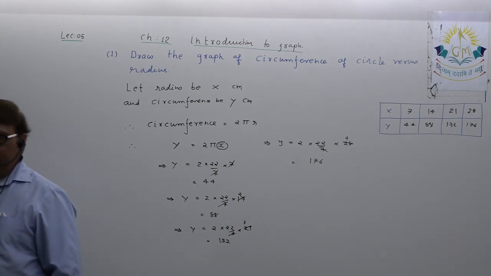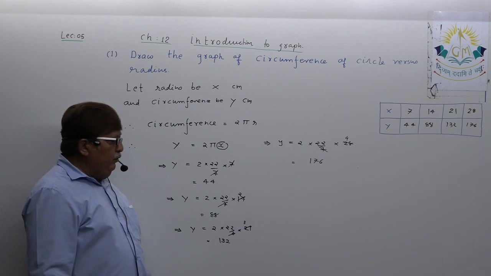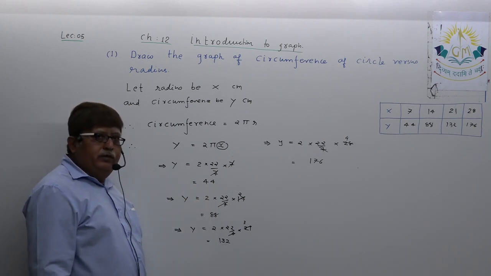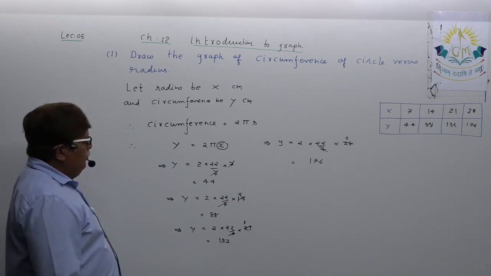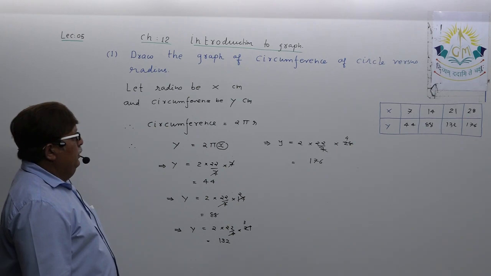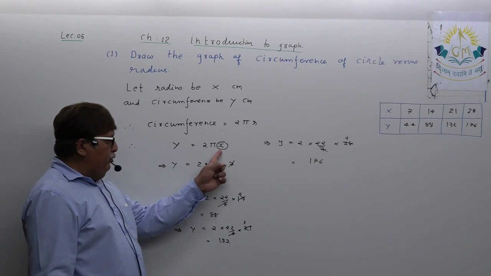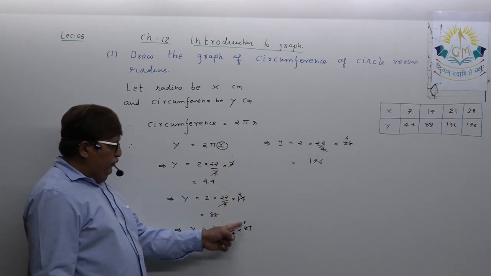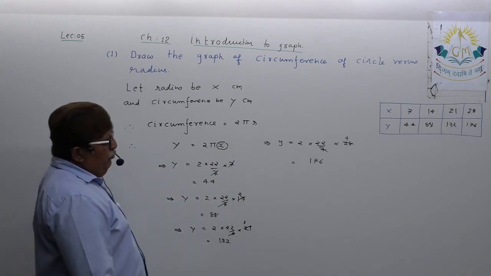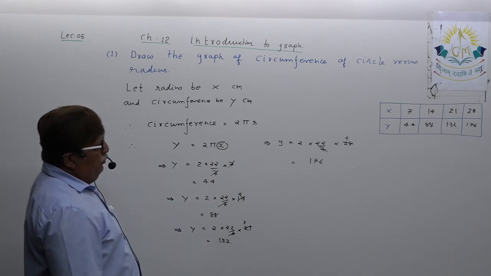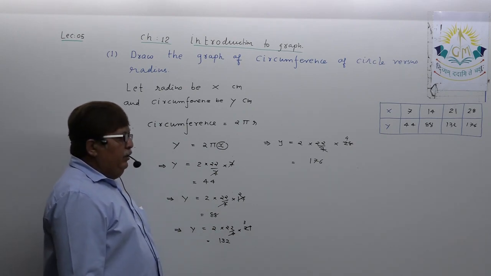Why we are taking values of radius as multiples of 7, you can easily understand from here, right? Every time you just have to substitute the value of x, and accordingly you will get four values of y: 44, 88, 132, and 176.